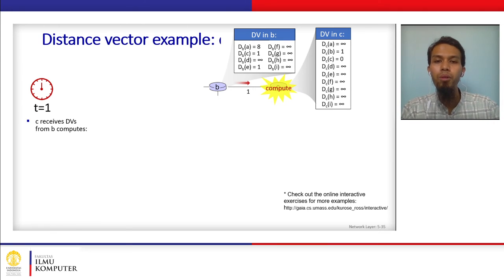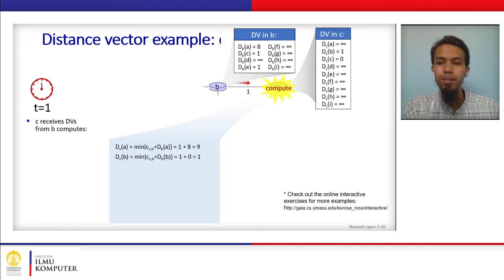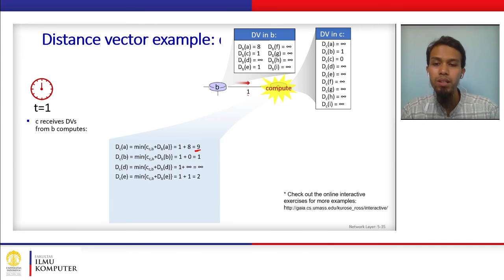From C to A, which was infinity, now with the new information from B, it knows that the cost from C to B equals 1, and the cost from B to A equals 8. So now the cost is 9. And there is no update about the cost path from C to B and all the other nodes.